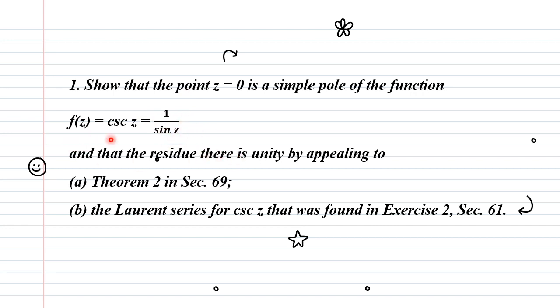And besides that, we're also going to show that the residue there is unity by appealing to A and B. A is theorem 2 in section 69, and B is the Laurent series for the cosecant of z that was found in exercise 2 of section 61.